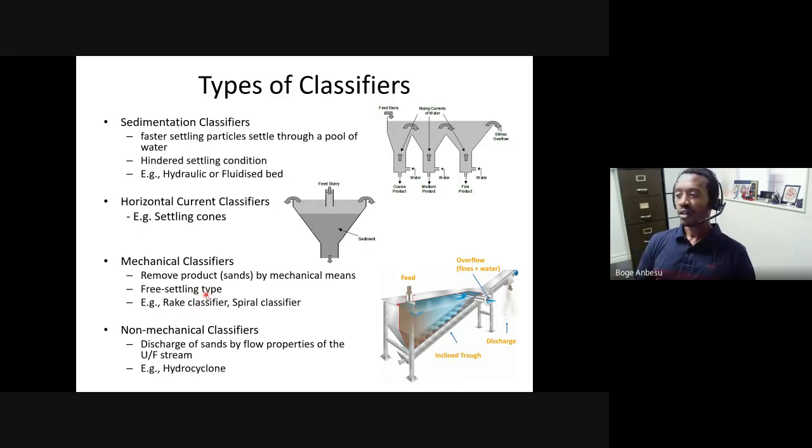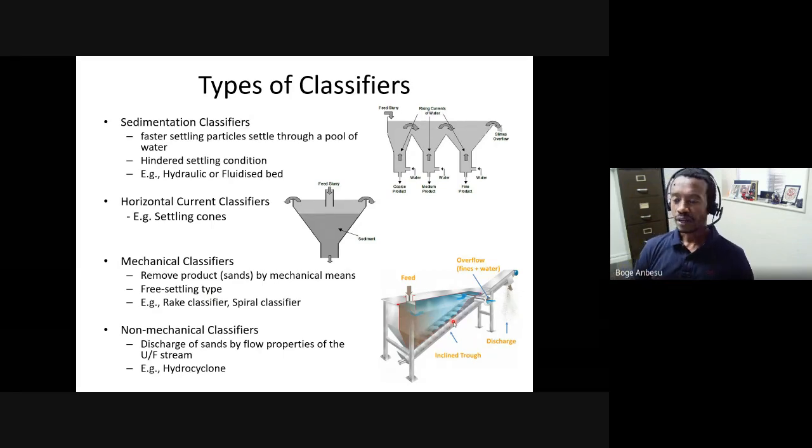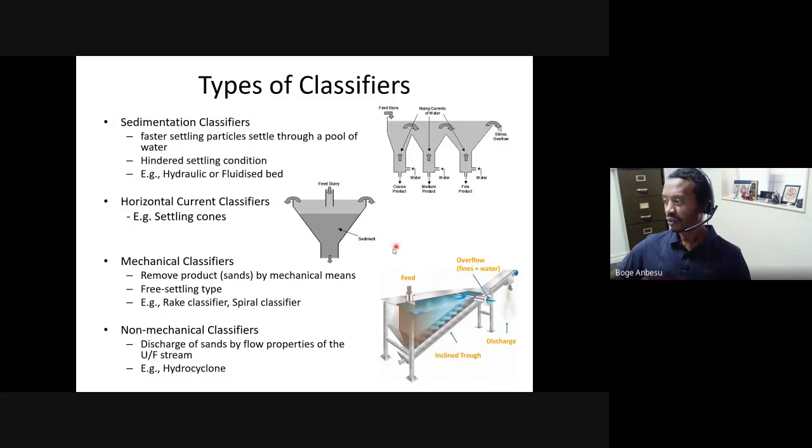Another type of classifier uses some kind of mechanical means to remove the solids that settle at the bottom. In this case, for example, this picture on the right shows a spiral classifier, where you have a feed coming from the top and a region where you allow solid particles to settle.